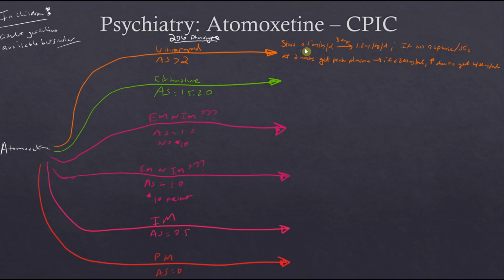Here, if you're an ultra-rapid metabolizer, they suggest that you start with a 0.5 mg per kg per day dose, after 3 days increasing that to 1.2. If no response and side effects at 2 weeks, so you're looking for lack of response, but also no side effects to deal with, then you can go ahead and get that peak plasma concentration. And if it's less than 200, you want to increase the dose to really achieve a level of 400 nanograms per ml. Now let's take a look at what the recommendation is for an extensive metabolizer.